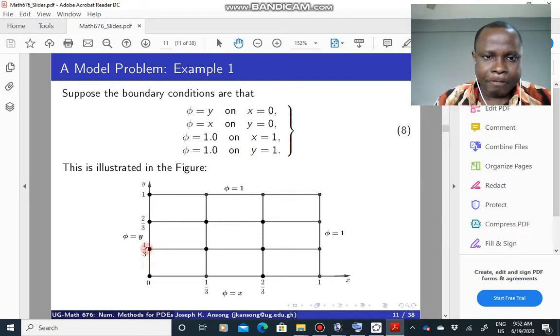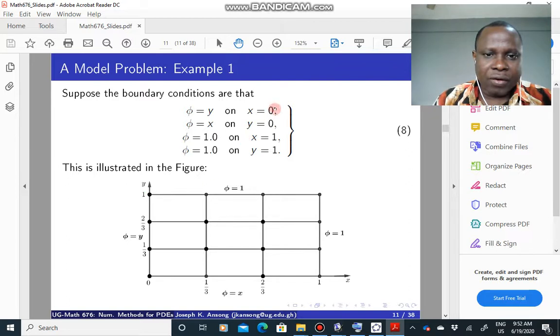Now along y, we only have 3 intervals, so if you divide 1 by 3, each will be 1/3. So this is 1/3, this is 2/3, and that is 1. So if phi is equal to y here, it means that on this node phi is 1/3, here phi is 2/3, here phi is 1.